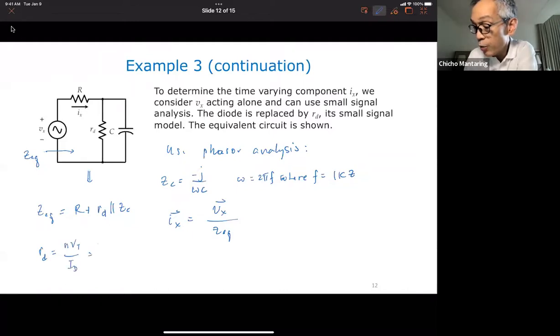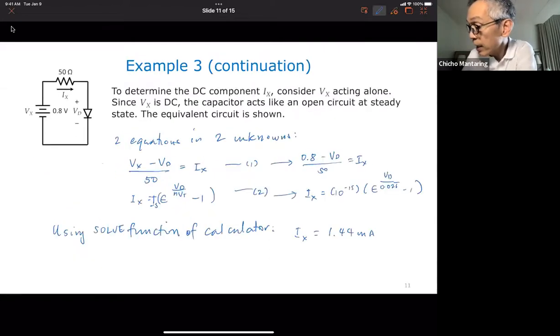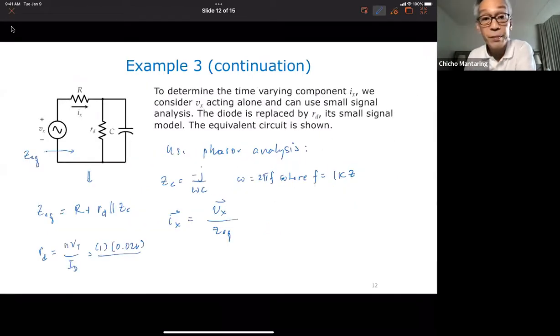So this is 1 multiplied by 0.026 divided by 1.44, what we computed here, because that is the DC component of your resultant current.